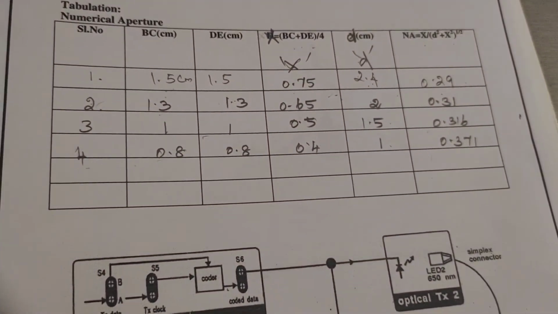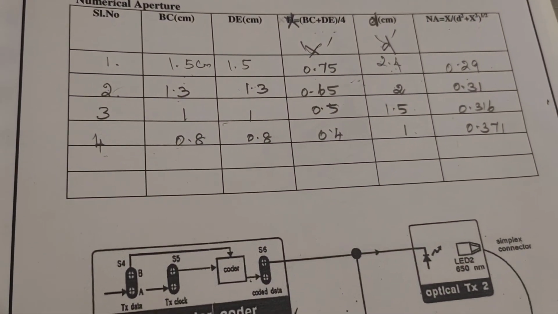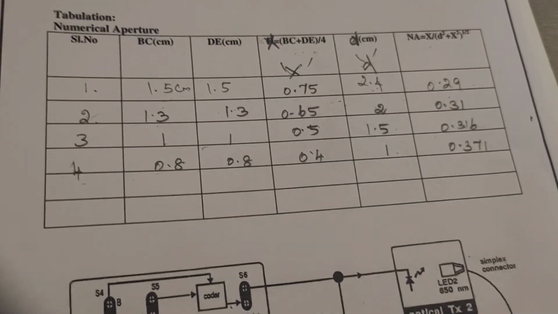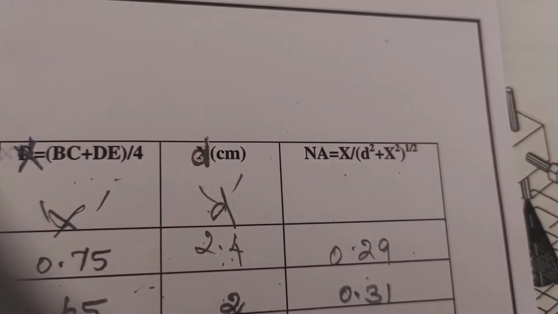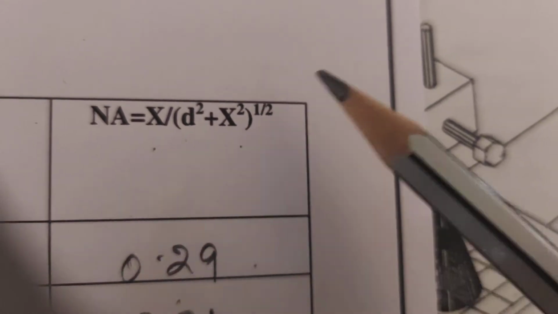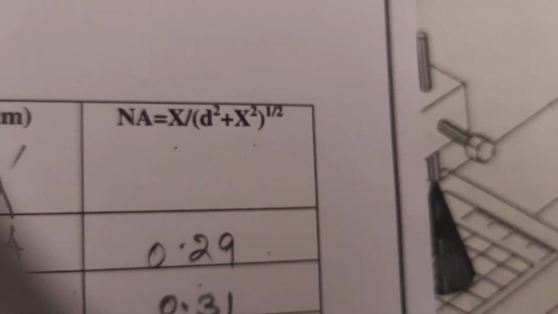So in this way we adjust the focal length D, then we will measure the diameter of the circular patch. By using the formula, numerical aperture is equal to x by root of d squared plus x squared, we calculate the numerical aperture for the various focal length.